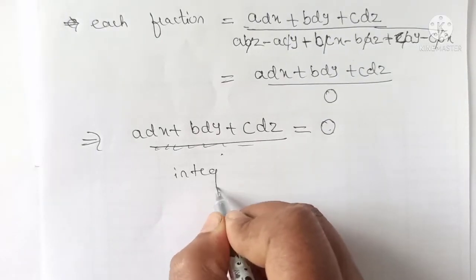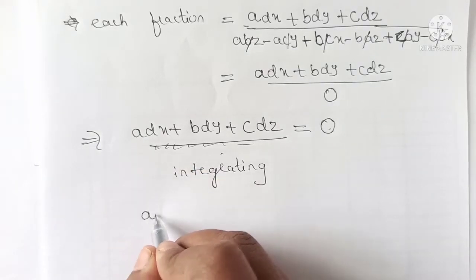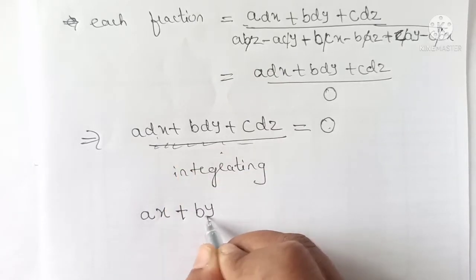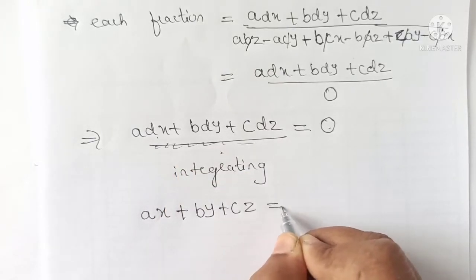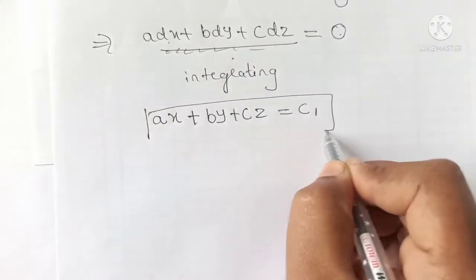Integrating, we get ax plus by plus cz equals c1. So this is the first solution.